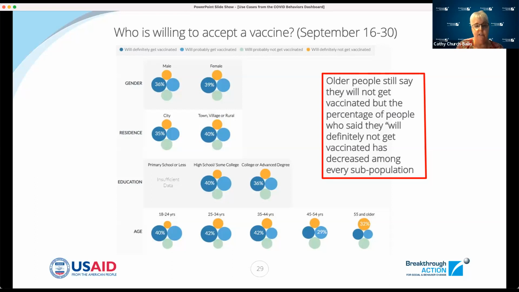And I use this to encourage people to frame their messages in a very positive ideation framework, letting people know that hesitancy is going down as supply goes up. And that's an important thing to keep in mind. So we do follow this, and we report this out every time there's new data. Next slide.